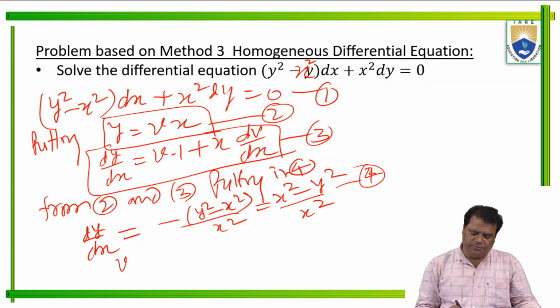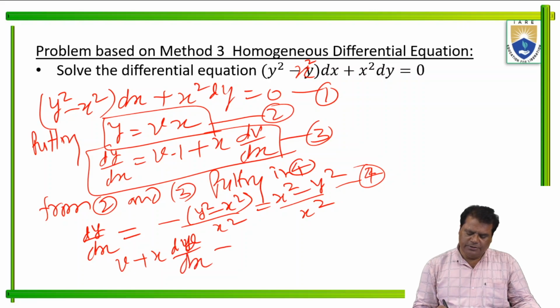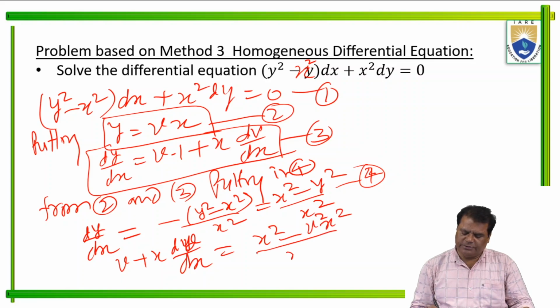So dy/dx means v plus x dv/dx is equal to x square minus y square, which means x square minus v square x square, upon x square.